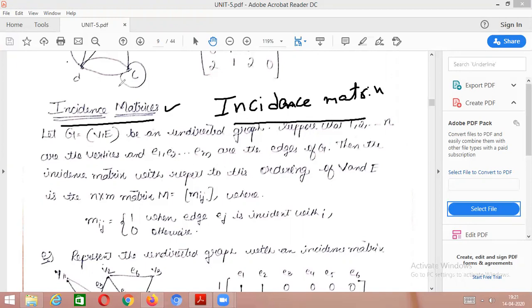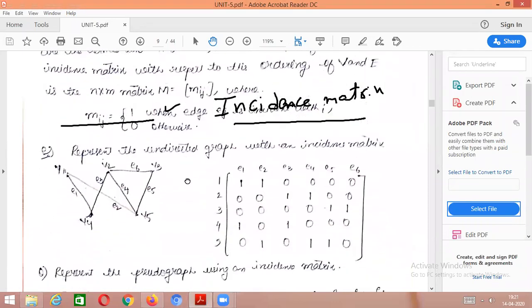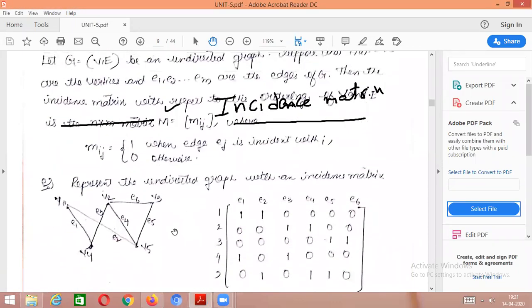Okay. So now, to understand this, we'll see one diagram, one graph. When you come to this graph, first try to see the graph.